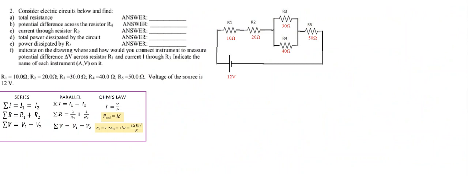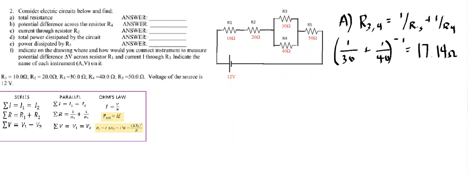Let's try to solve a problem. It says consider electric circuits below and find A, the total resistance. Now usually you would be able to just add up all the resistance. However, we have a mixture of parallels and series. So first we're going to simplify the parallel resistors. Using our equations, we find that the total resistance of 3 and 4 is 17.14.